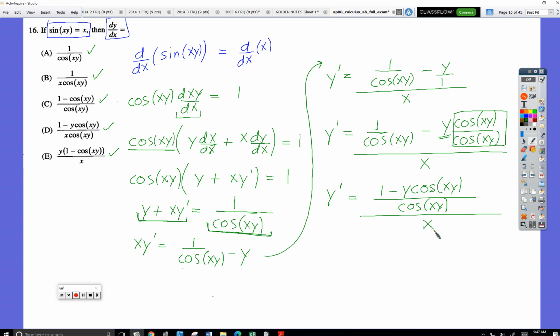Okay, dividing by x is the same thing as multiplying by 1 over x. So if you take this x and you multiply the numerator by 1 over x, now you get their answer.